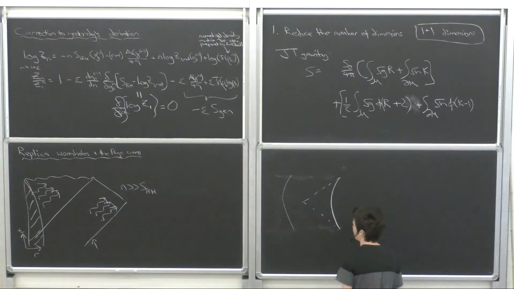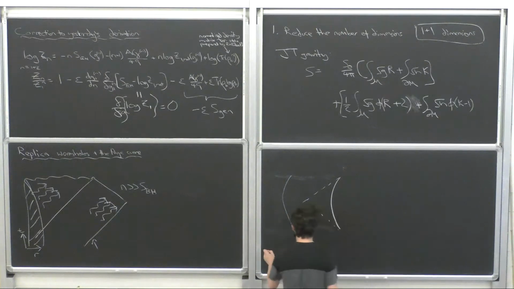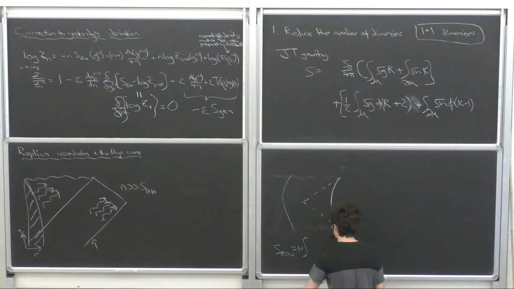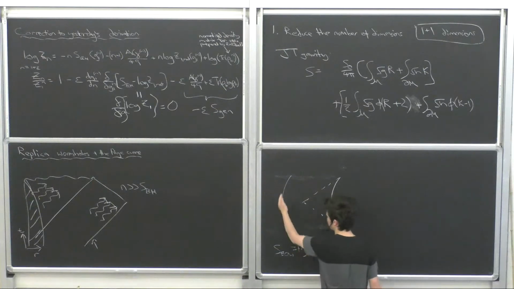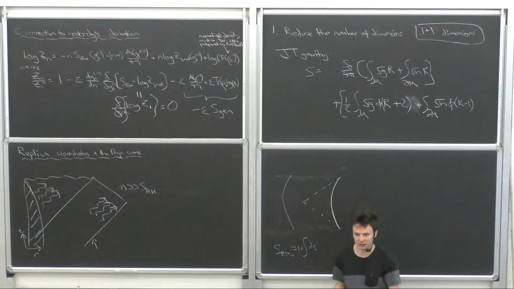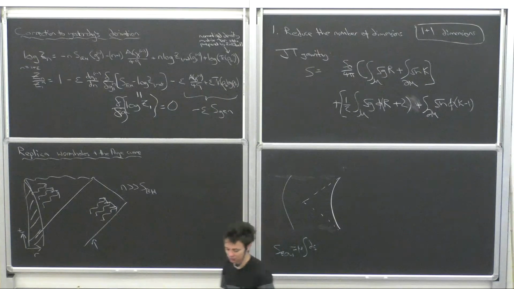So the end-of-the-world brane has some action, and the simplest action for it is just some constant mu, which you can think of as the mass of the brane, times the integral along the world line of the end-of-the-world brane. This just tells you that the end-of-the-world brane goes along a geodesic. And we now have a one-sided black hole in our theory.